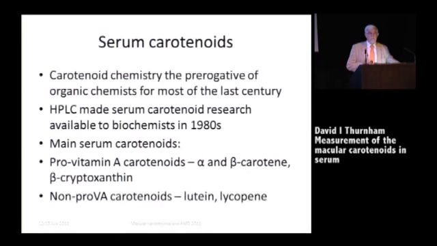Now, the main serum carotenoids were the specific interest of people, the provitamin A carotenoids in particular, alpha and beta carotene and beta cryptoxanthin being the main ones in the serum. The non-provitamin A, lutein and lycopene, interest in those was a little bit slower to develop.